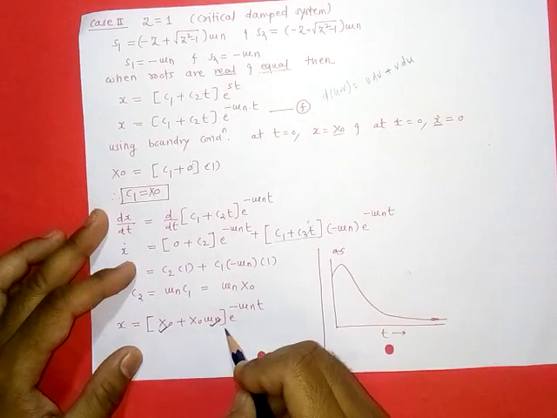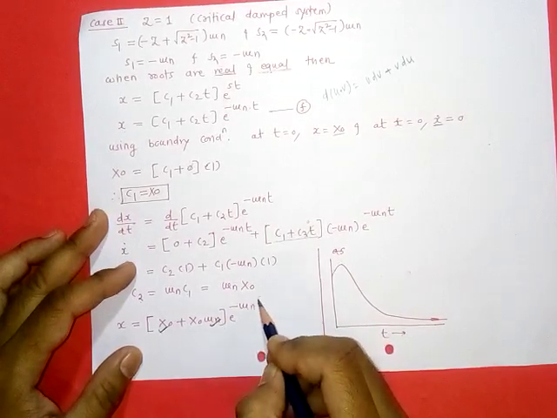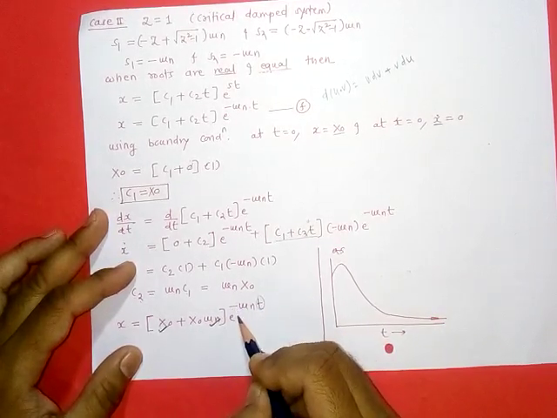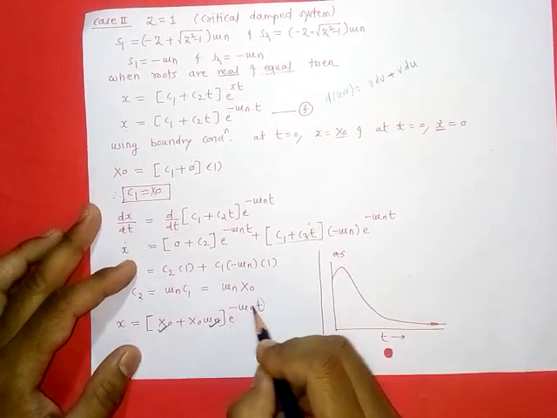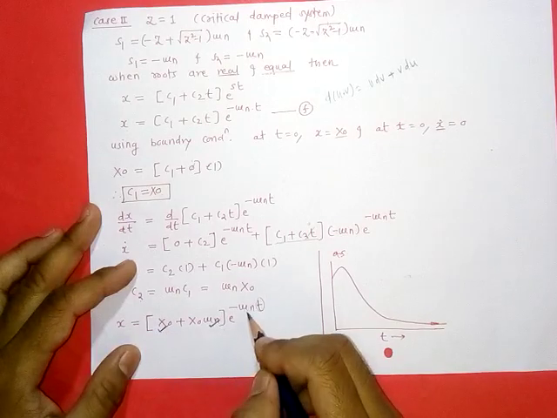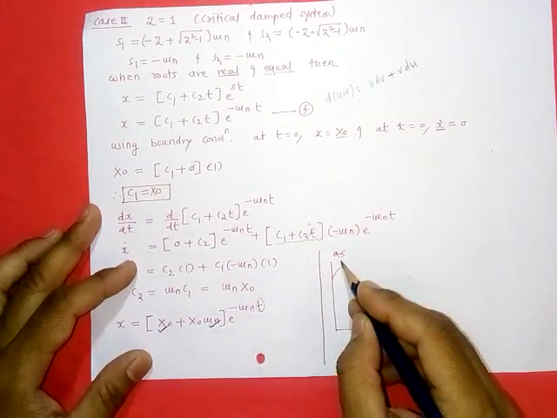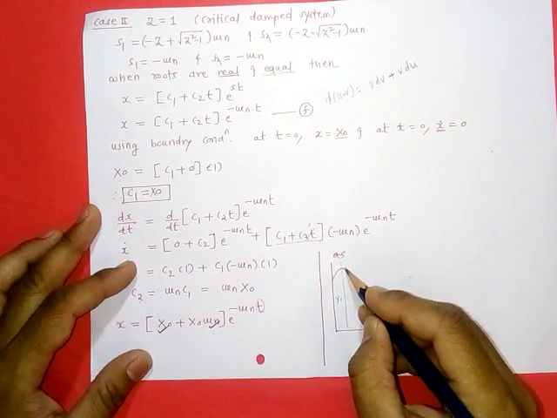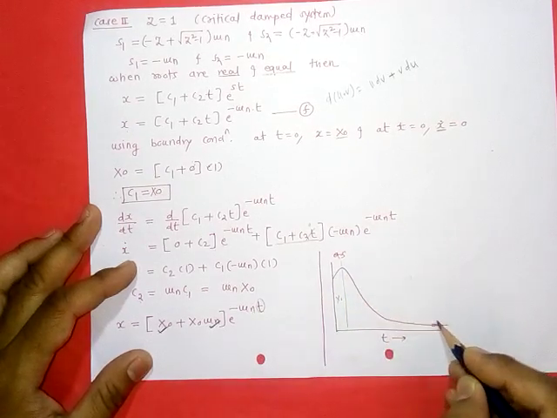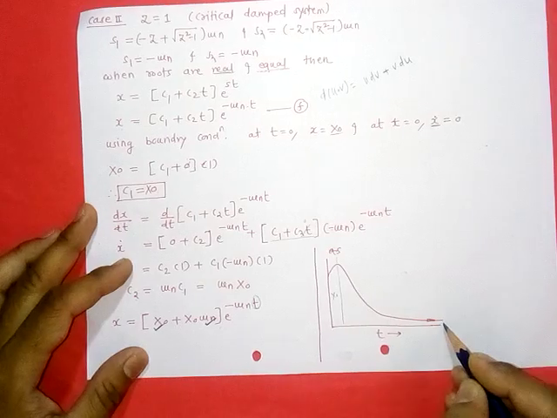Here for a given system, the initial displacement or amplitude is the same and omega n is constant, so this term is constant, and as t increases, e raised to the negative power keeps decreasing, so this term continuously decreases. So after giving some initial amplitude x naught, when we release the system, it will continuously decrease.